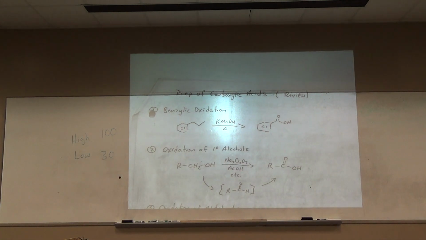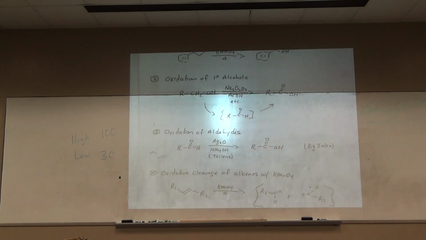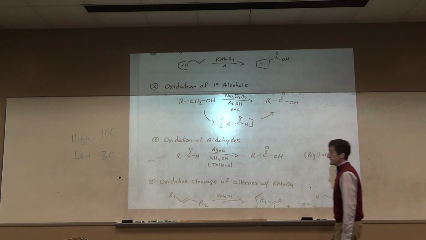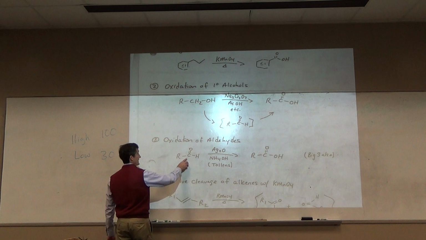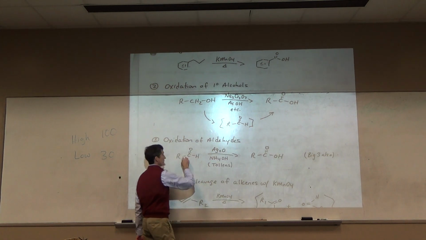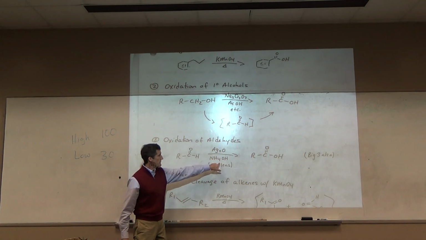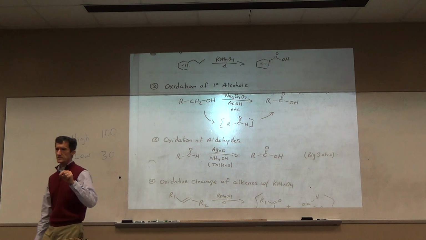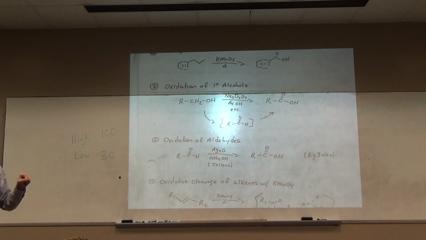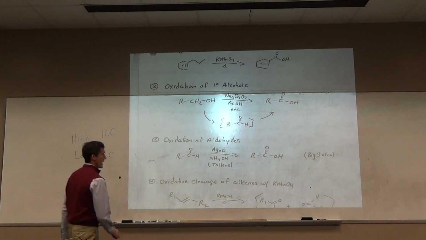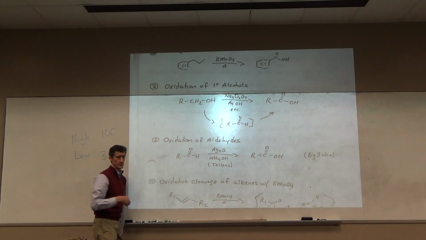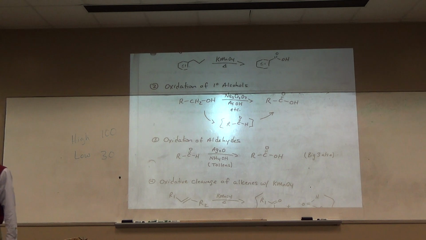Any other ways to make carboxylic acids that we've seen? Yeah, well, if you just had an aldehyde, could you oxidize it? Yeah, we did it up there, but you could start with aldehydes. Remember the Tollens reagent? That's a reagent that's specific for oxidation of aldehydes. Silver ion. Okay. Ammonium hydroxide is used. It helps solubilize the silver.